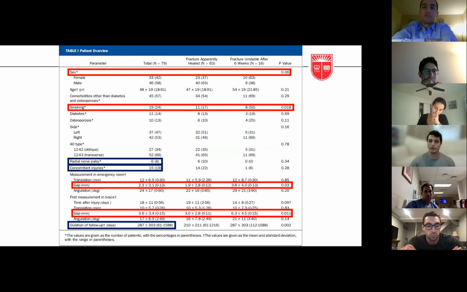The main things they noticed that were statistically different between those who healed and those who were still unstable at 6 weeks were that females were more likely to require operative treatment, smoking history, and, of the measurements in the ER, the gap. They took these 3 factors, smoking, sex, and gap, and did a bivariate regression analysis.